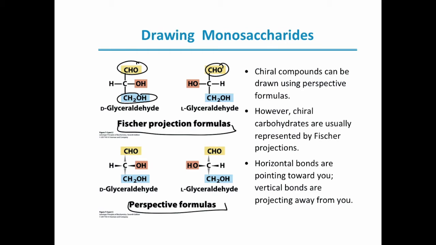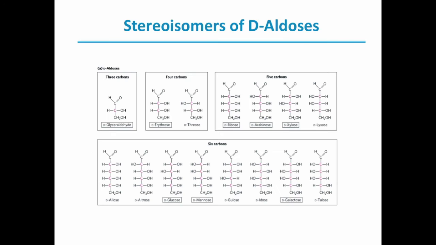With the Fischer projection formula, anything on the horizontal is interpreted to be pointing towards you, whereas anything on the vertical is pointed away from you. Whenever you have a compound with a chiral center, there are 2 to the n total number of stereoisomers possible for that compound, where n is the number of chiral centers.